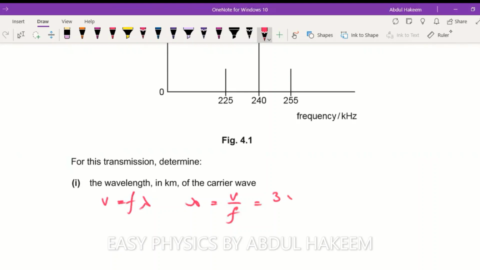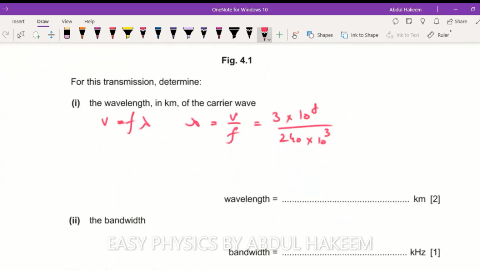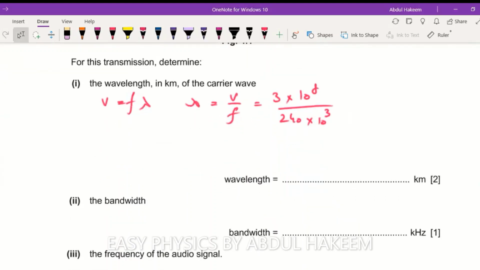The radio wave is traveling with the speed of light, 3 times 10 power 8, and this is the frequency of the carrier wave, which is 240 times 10 power 3 due to the kilo, and after the calculation, the wavelength is 1250 meters, but in kilometers, it will be 1.25.